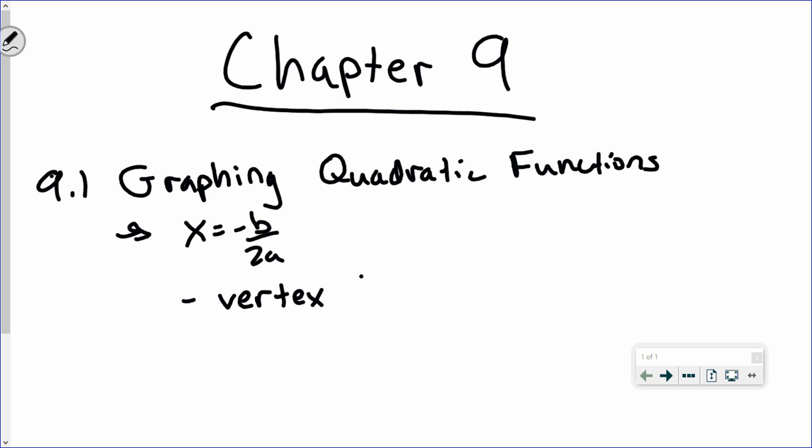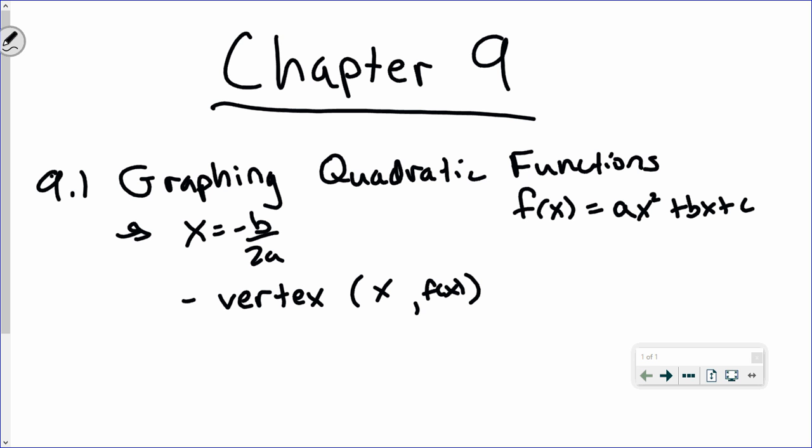After we found that x value of the vertex, we plugged it in and we got some f of x value of the vertex. Of course, we learned about the standard form f of x equals ax squared plus bx plus c.